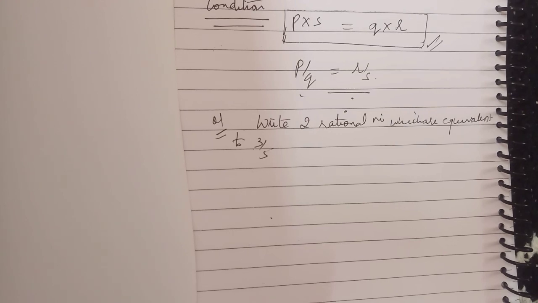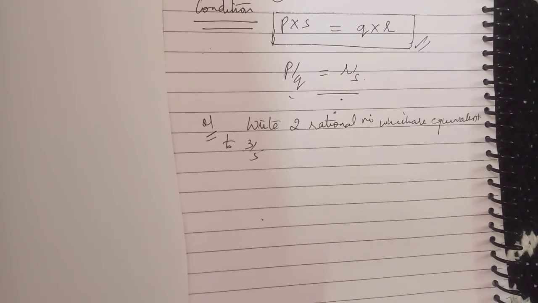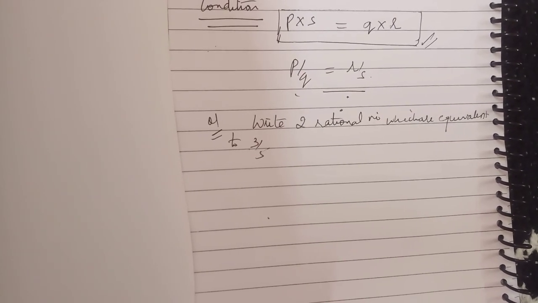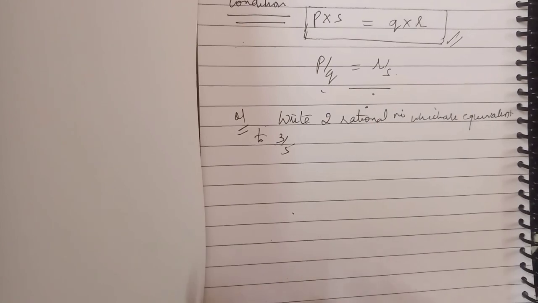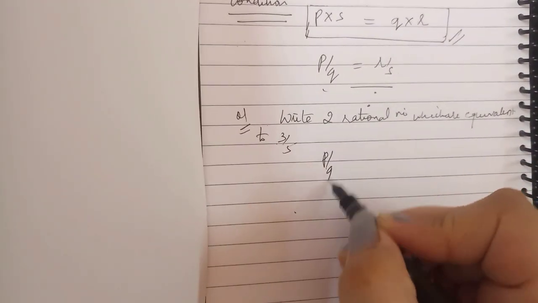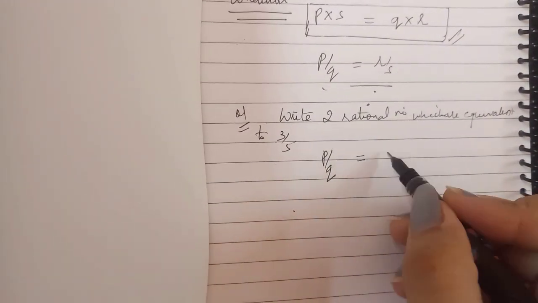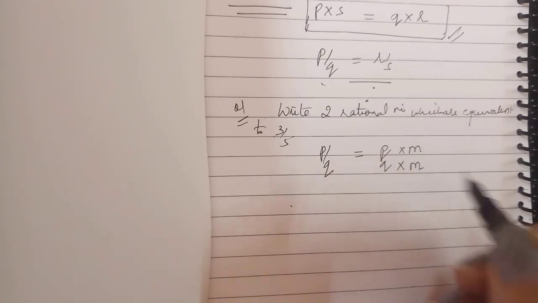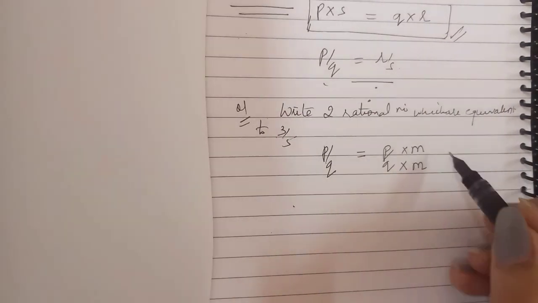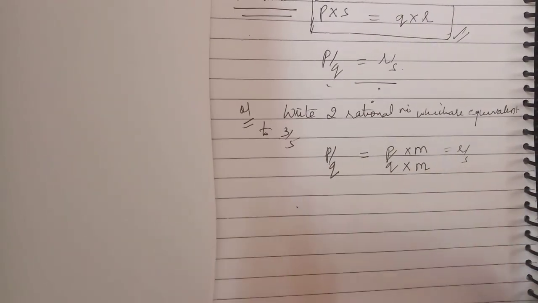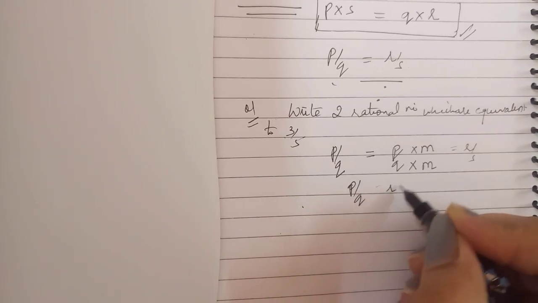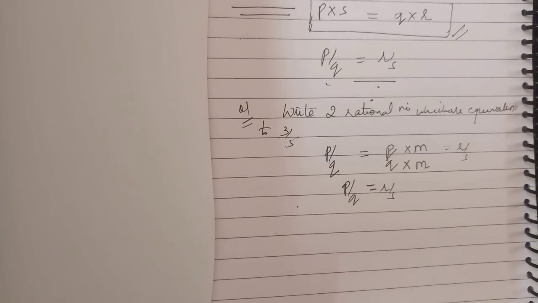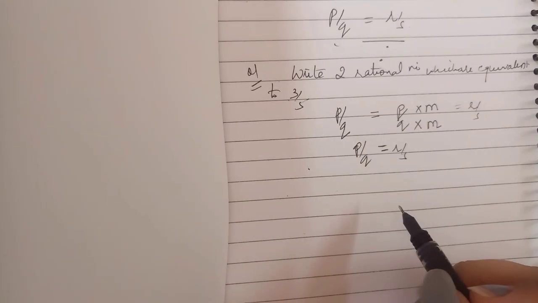For this we need one another condition: if a number is p by q, it will be equal to another number if the same number is multiplied in the numerator and the denominator both. Then the number that comes out, let's suppose r by s, will be equal to p by q because the two values will be equal to each other. Hence we will do the same thing here.